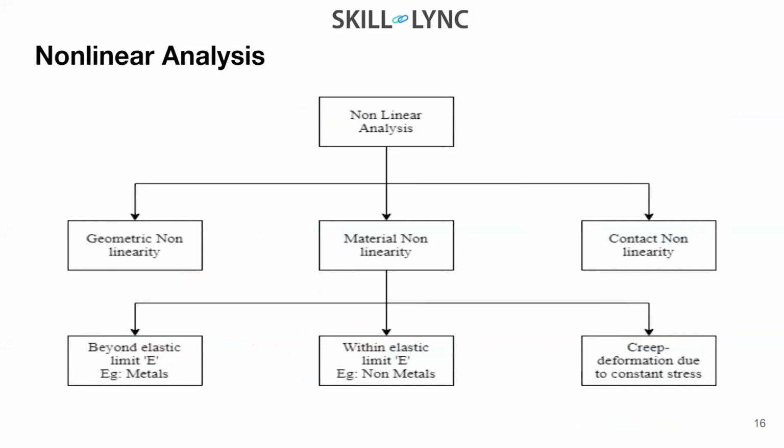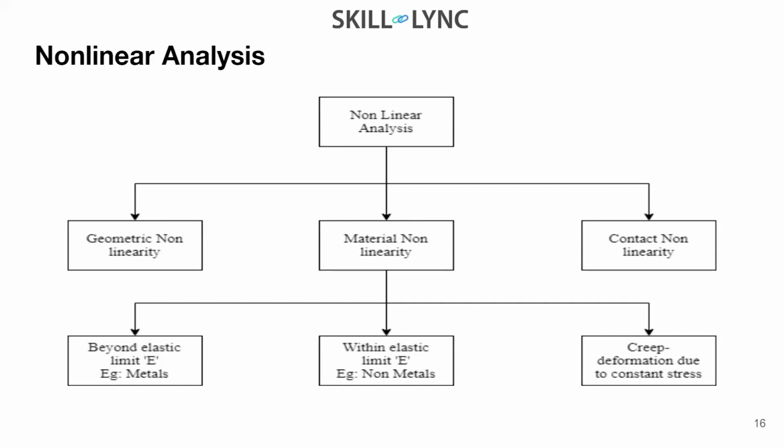If it is not a straight line, the second question that comes to anyone's mind is, why is it not a straight line? Because of three particular reasons. One is material non-linearity, that means it has reached the plastic zone. The second is geometric non-linearity.